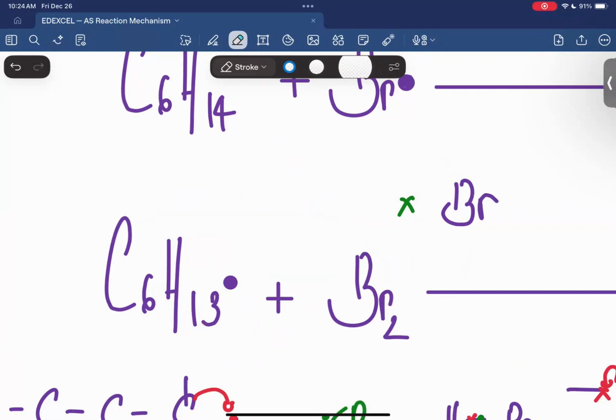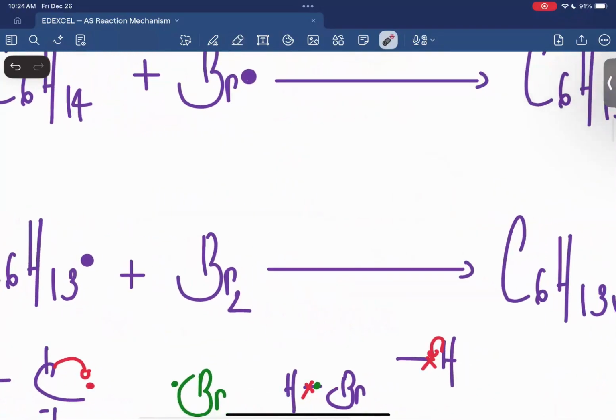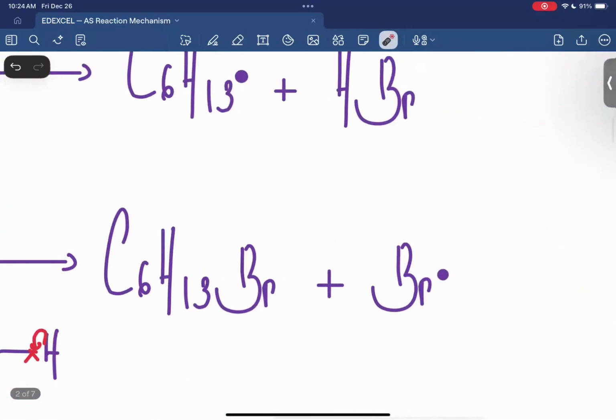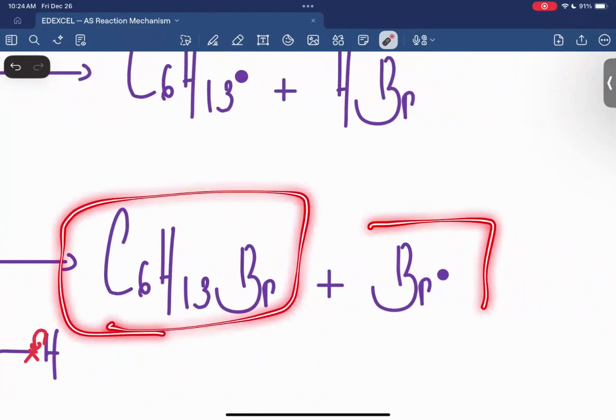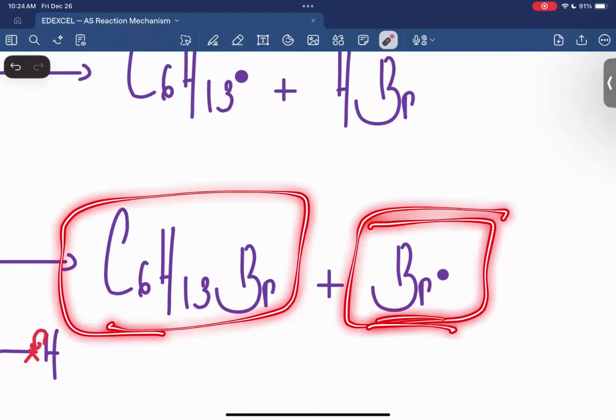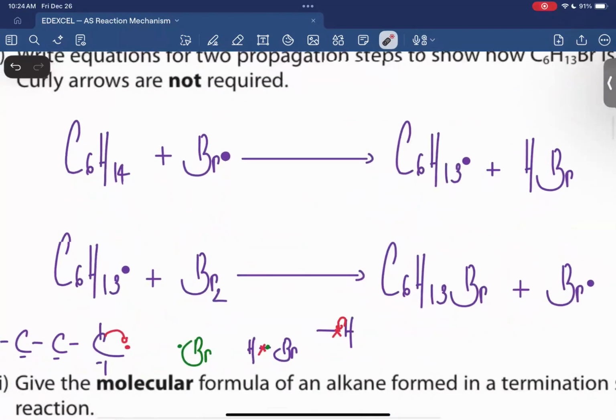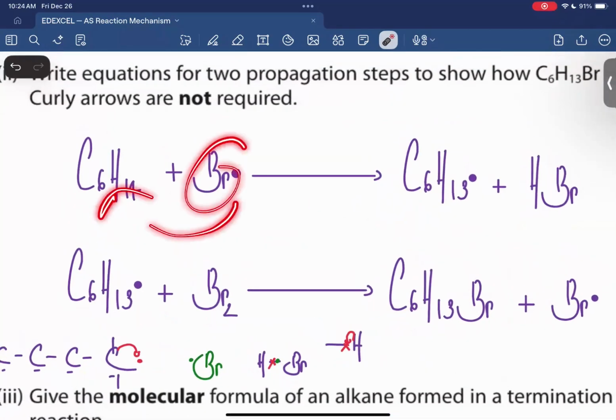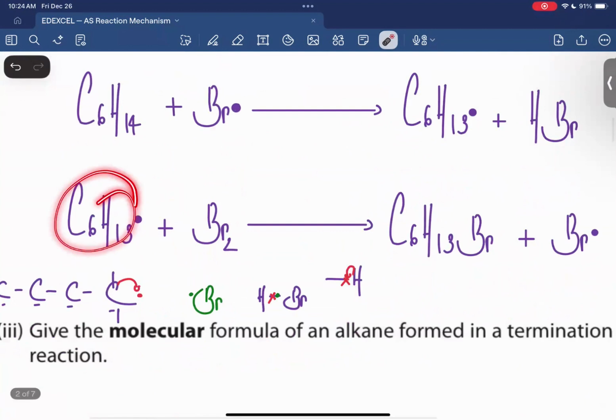So this is how I used to remember this. And hence the revenge is taken. First of all, bromine stole the hydrogen, and now this radical stole the bromine, revenge equal. And this is how the reaction is going to proceed.